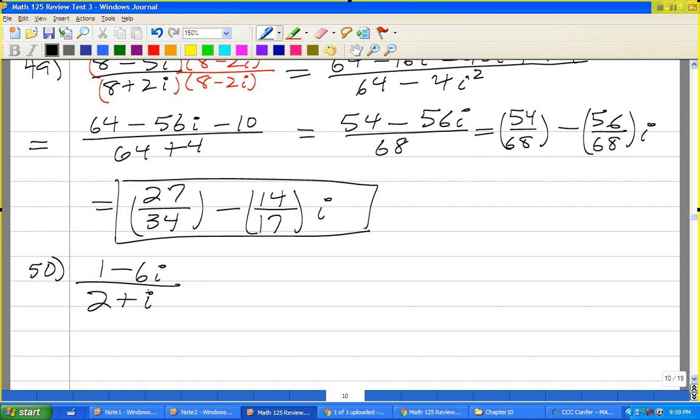So again, let's rationalize the denominator. So let me get rid of the i in the denominator. So let me multiply and divide by the conjugate of the denominator. 2 minus i.